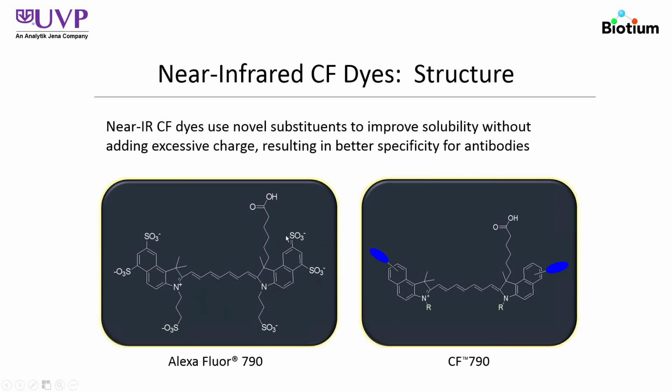With a large number of negative charges being carried by each dye, that can affect the isoelectric point of the antibody and make it sticky, increasing nonspecific binding of the antibody to, for example, the Western blotting membrane. The innovation in the near-infrared CF dyes is the combination of using charged groups as well as non-charged hydrophilic groups such as PEG groups in order to increase the water solubility of the dye while minimizing the loading of the dye with negative charge.